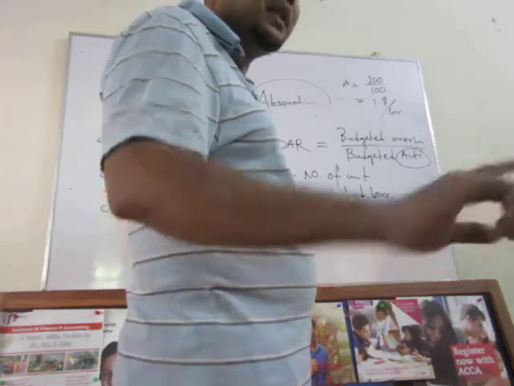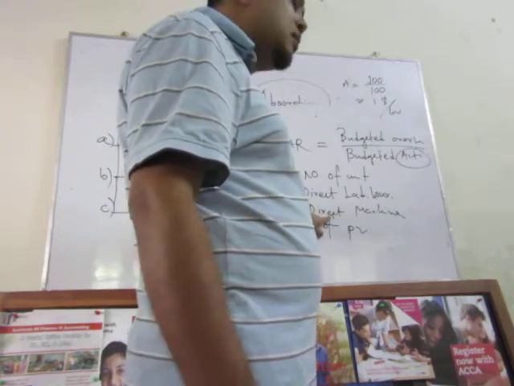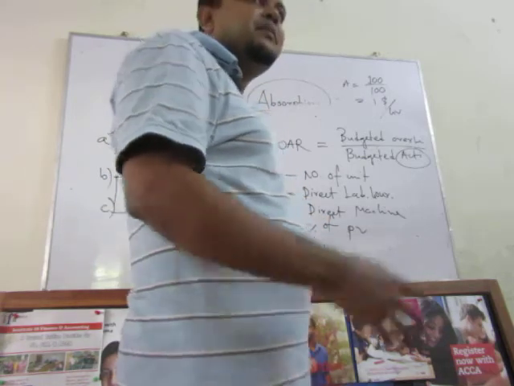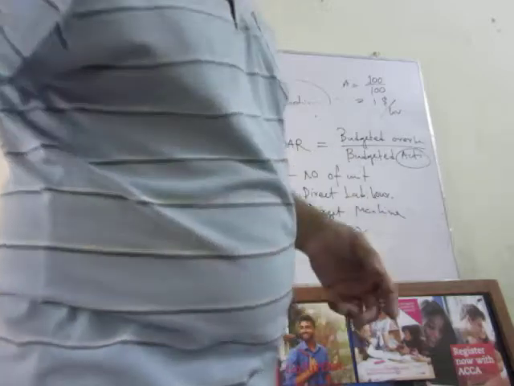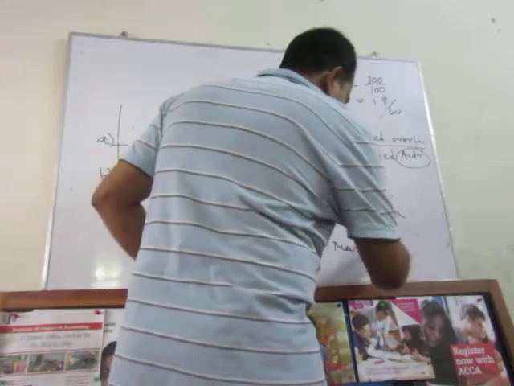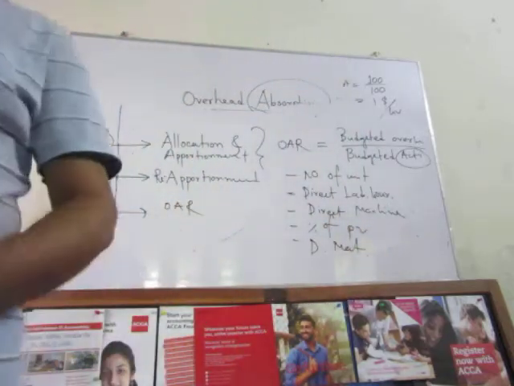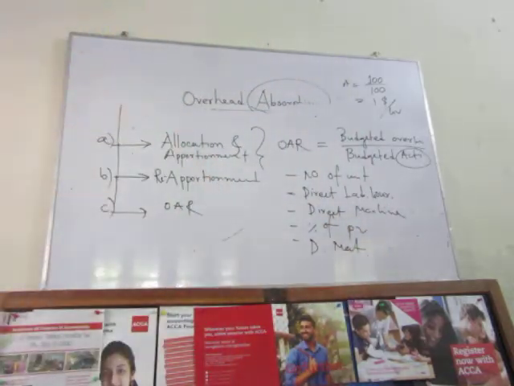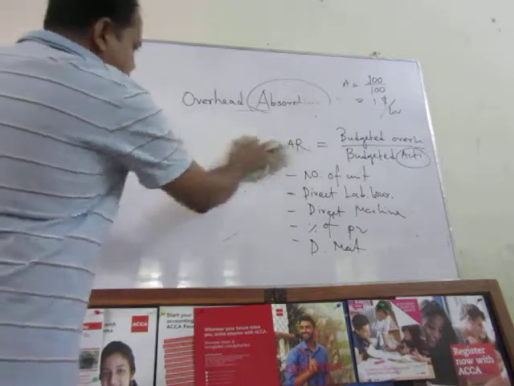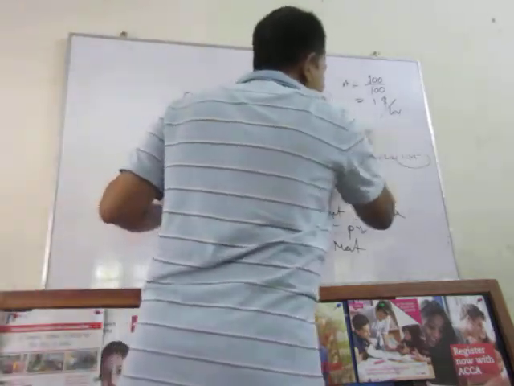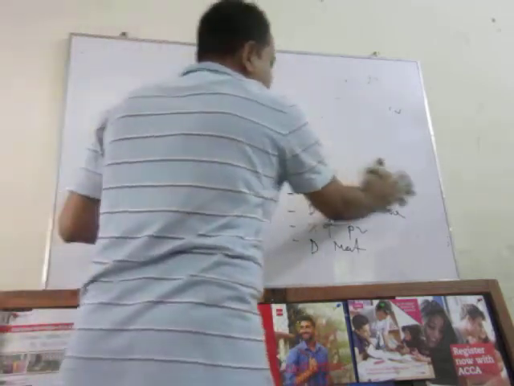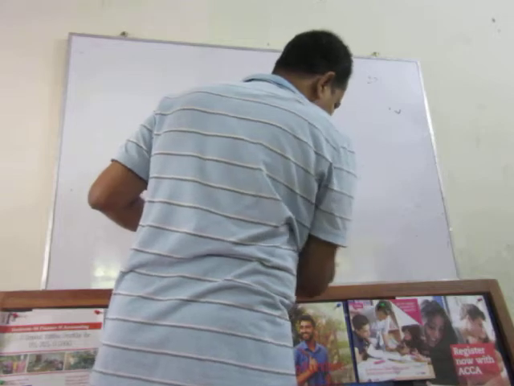What kinds of labor hour? Direct labor hour. Rate per machine hour, rate per prime cost, even rate per material. Direct material cost, you may use direct material cost. So these are the different kinds of activity that you can go for. Okay. So this is the 3 consecutive stages in calculating the overhead absorption rate.